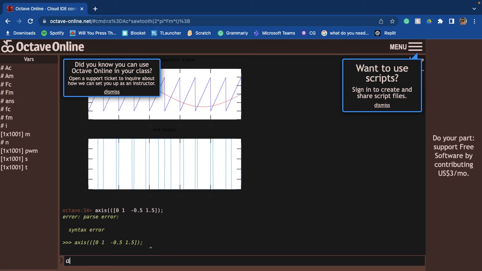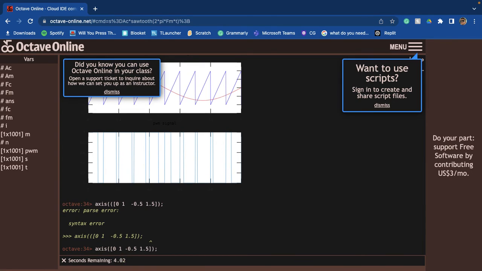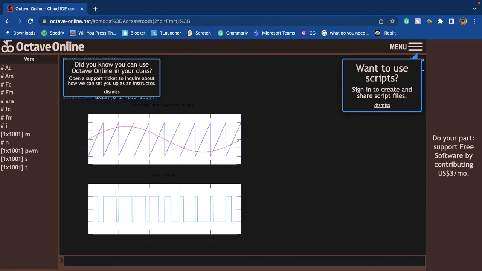Yes, 1.5. And then complete it with the X label and Y label.